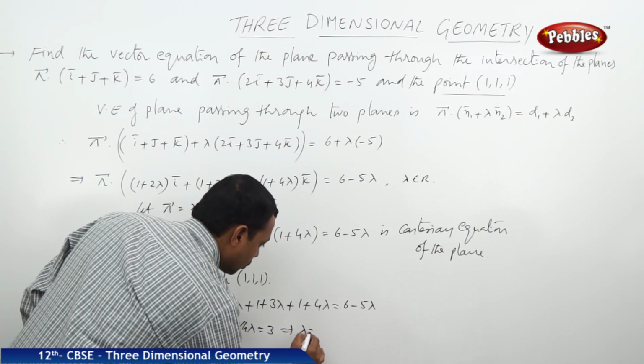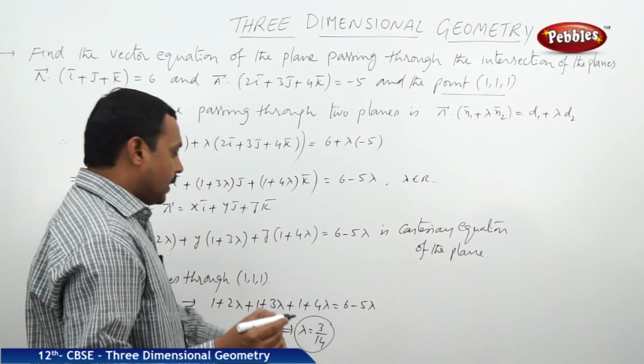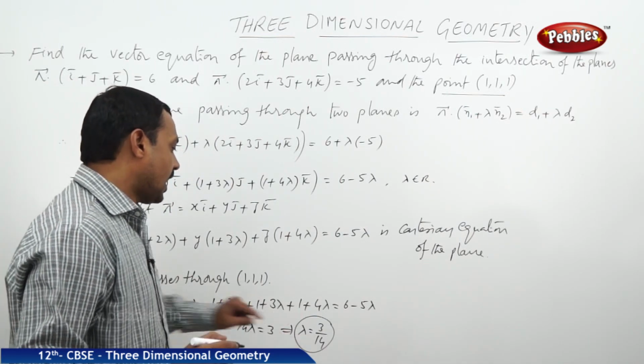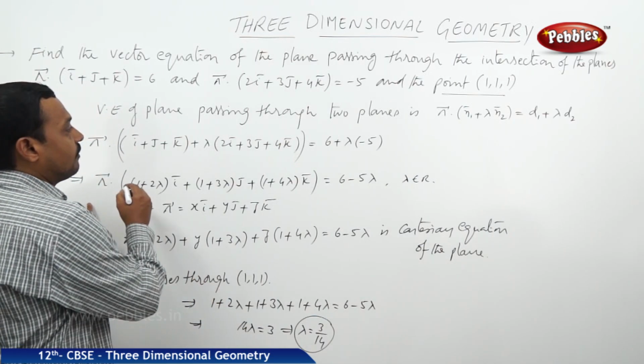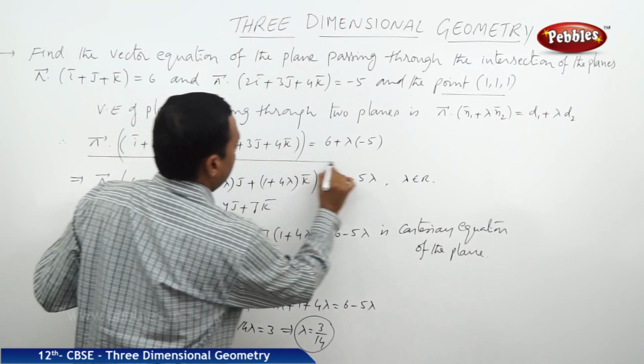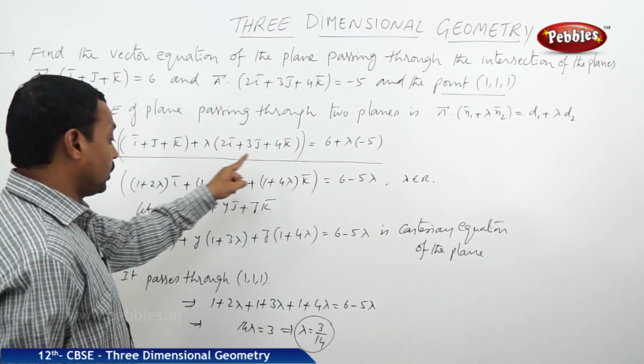Therefore, lambda is equal to 3 by 14. So, the parameter lambda is 3 by 14. Now, substitute lambda equal to 3 by 14 in the vector form, the vector form of the plane.